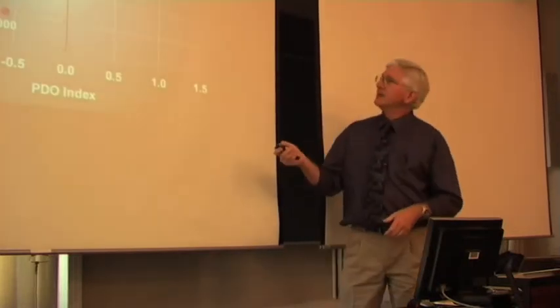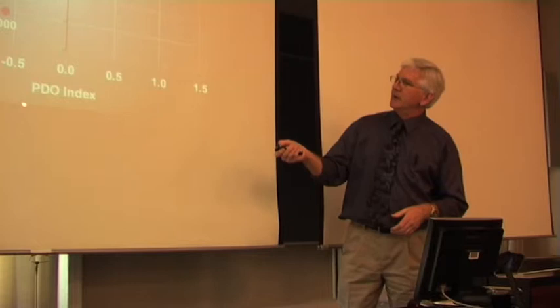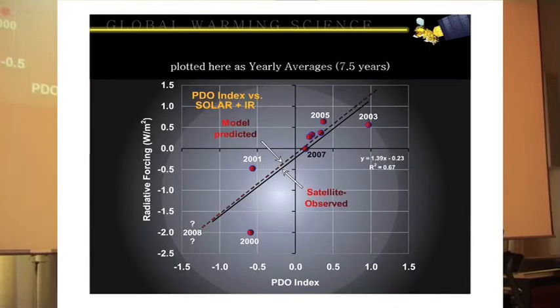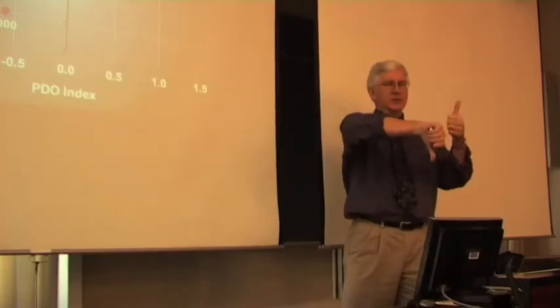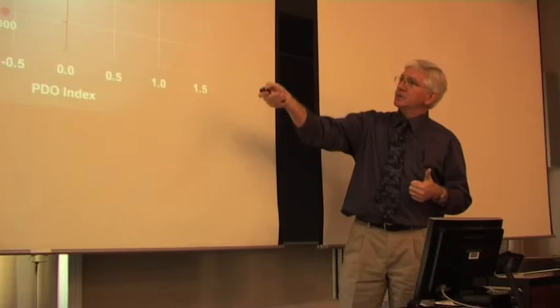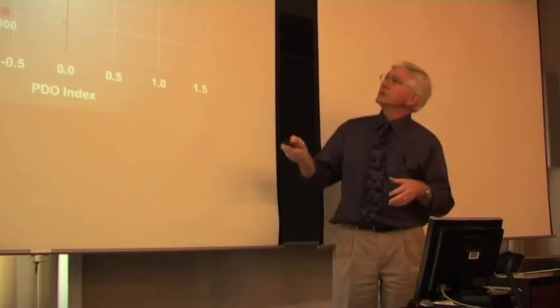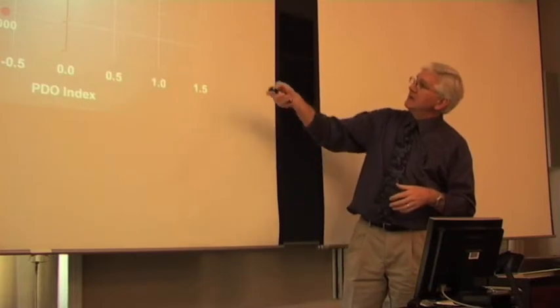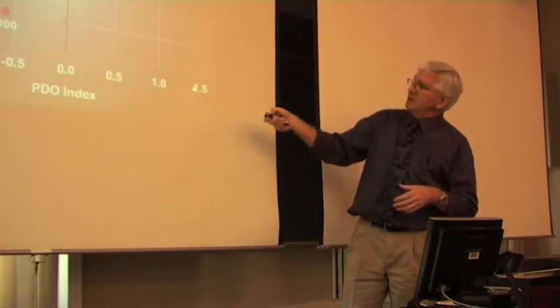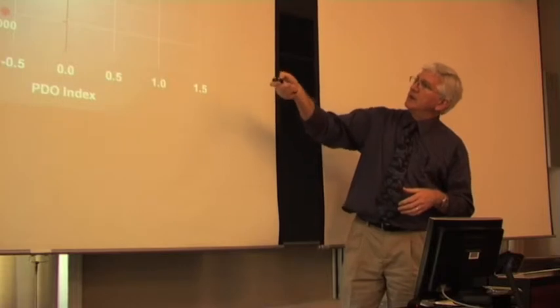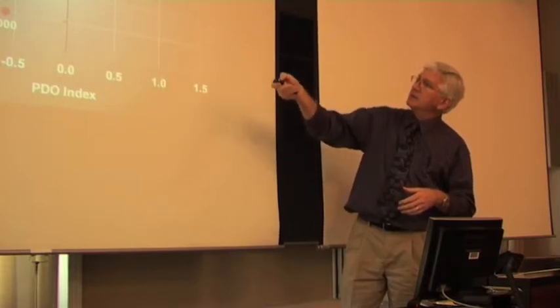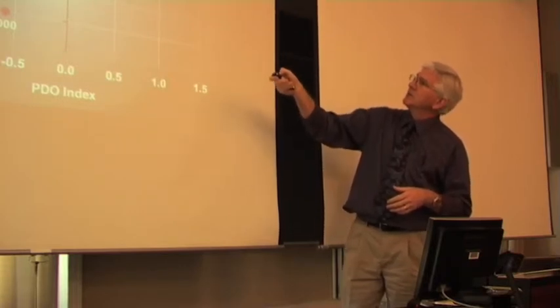And if you plot yearly averages of the PDO index against this radiative imbalance of the Earth, imbalance between solar and infrared, that's what this is, which is probably being changed by clouds, natural cloud fluctuations, we see that there is a relationship between the PDO index and this radiative imbalance of the Earth.